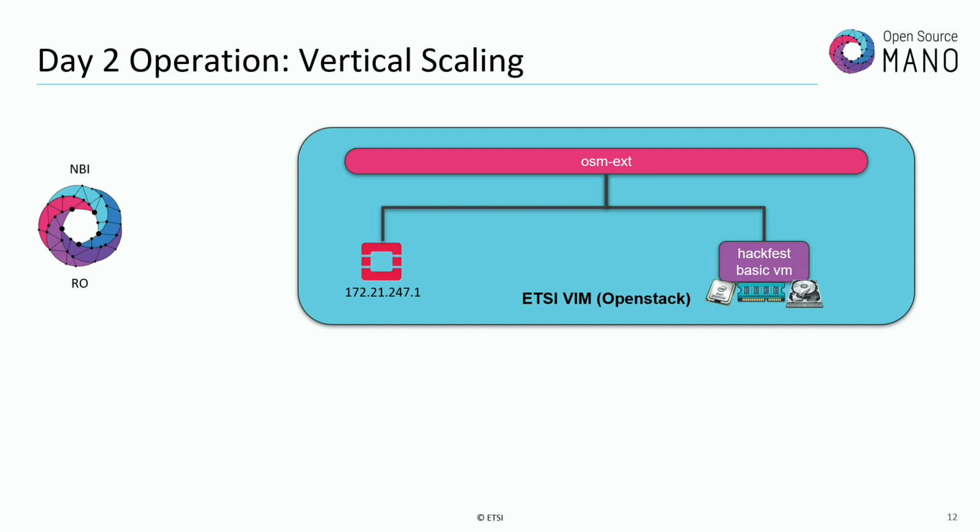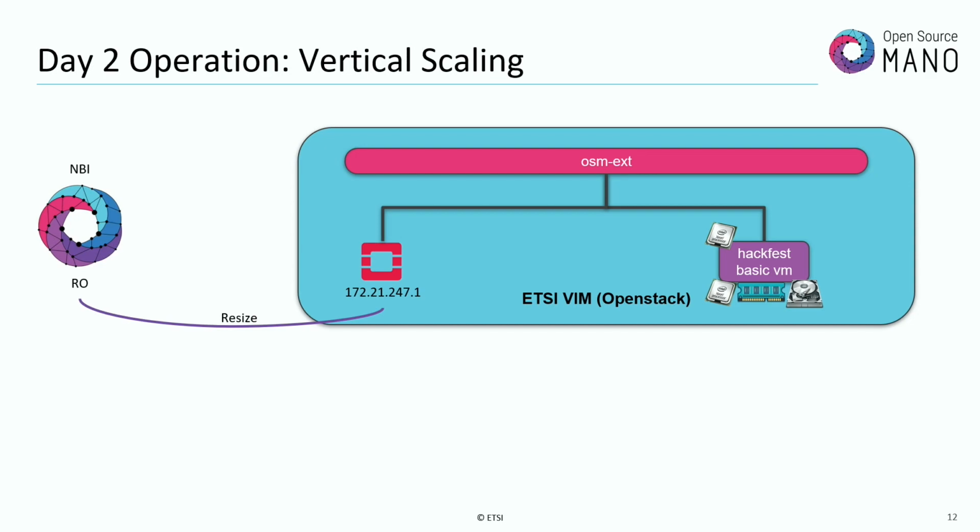Vertical scale is another way of getting more throughput, but still with just one copy. So say I started my Hackfest basic VM with one CPU, and I realized that it is getting overwhelmed. I can tell OSM to issue a resize command to OpenStack, which then will gracefully shut the VM down, add another CPU to it, and boot it up again.